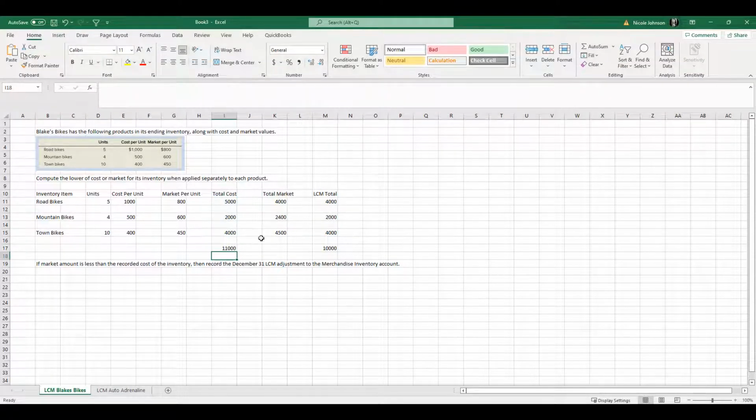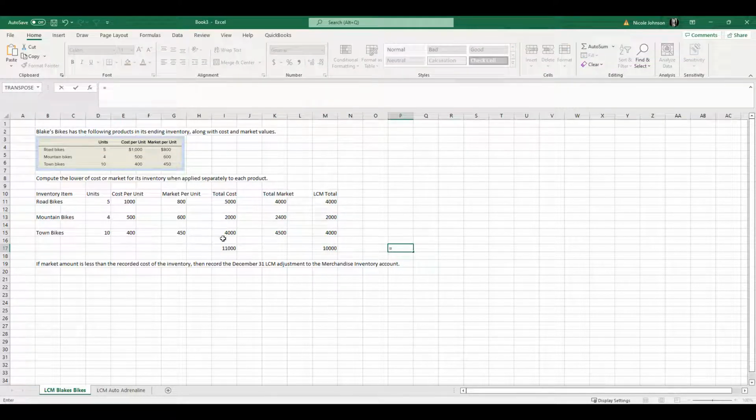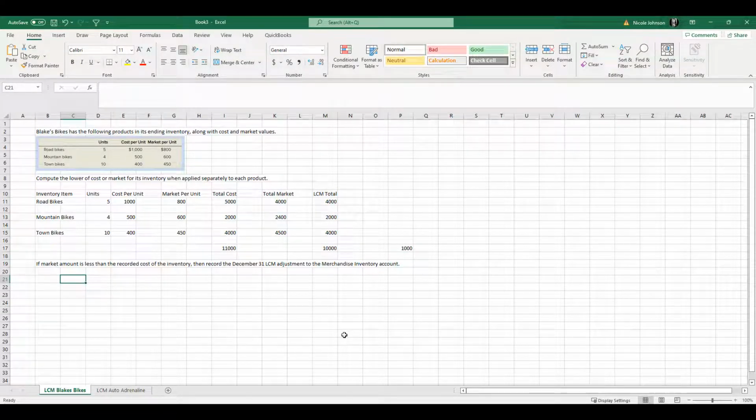Okay, so when we look at this, we have a total cost of $11,000. Lower of cost and market total is $10,000. So we have a difference here of total cost minus lower of cost and market, $1,000. So we need to do a journal entry for this $1,000. Here's what that's going to look like.